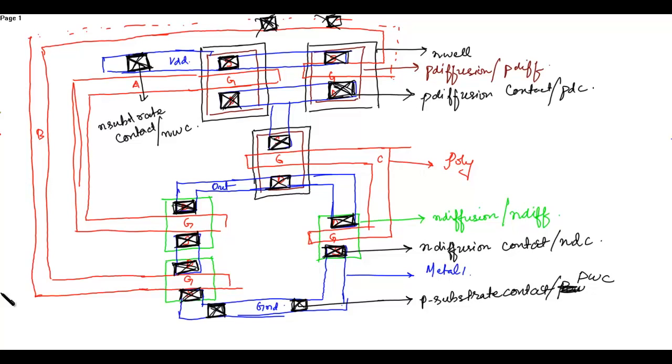Now let's see the explanation for the truth table, the truth table that we had written earlier.